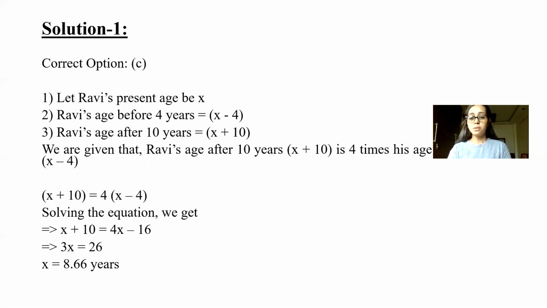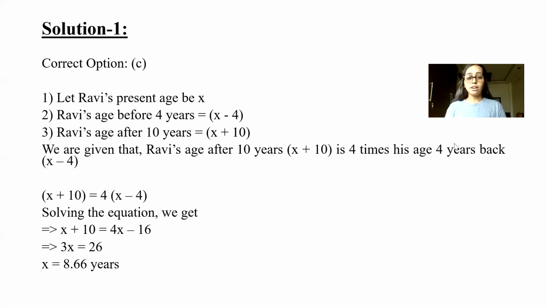Now we are given that Ravi's age after 10 years, x plus 10, is 4 times his age 4 years back. So we make one equation on the basis of this statement: x plus 10 equals 4 times x minus 4. Now we multiply: 4 goes inside, giving 4x minus 16.